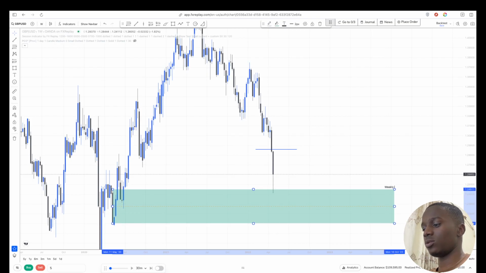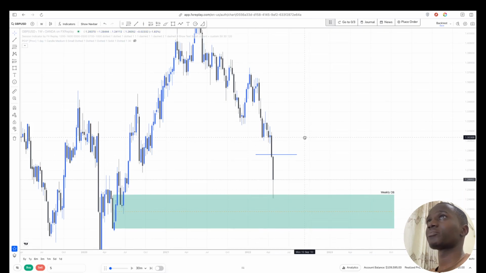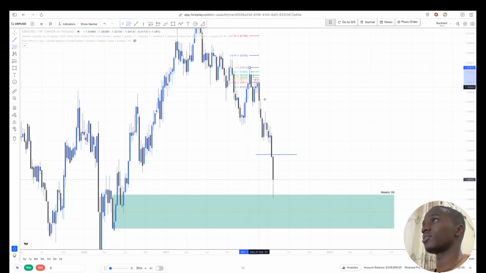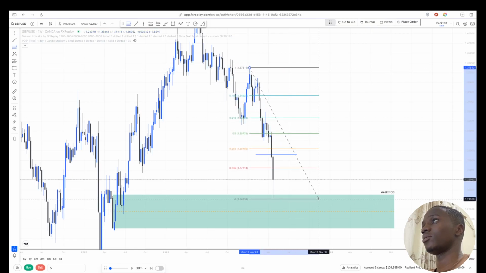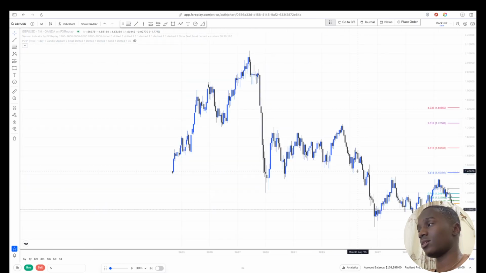This is the weekly OB, and some of you are wondering where this line came from. So since we were in a downtrend, we might need some corrective moves. So when we put our fib retracement from this high to this low, I actually did this on the 1 month.